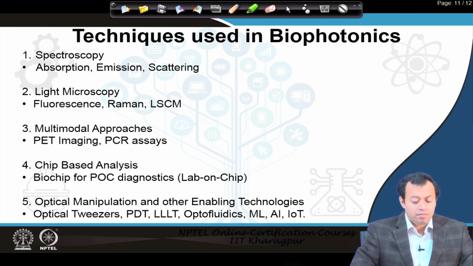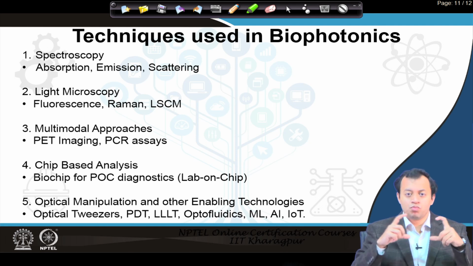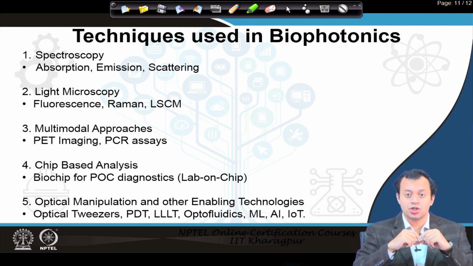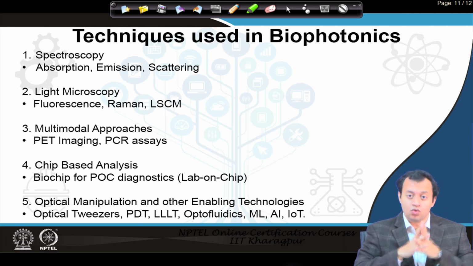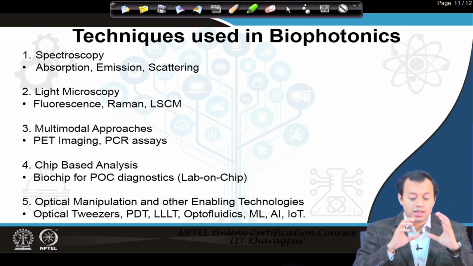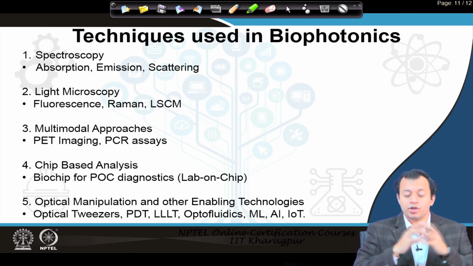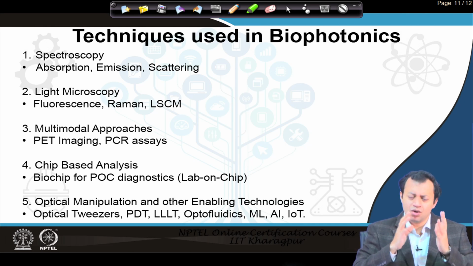We have the biochip, the lab on chip. These are small chip based structures like a home pregnancy detection kit or a home diabetes detection kit, which you can utilize at the privacy of your own home, put some amount of body fluid, blood, urine, and thereby the lab on chip will undergo some kind of change, a colorimetric change, not necessarily always colorimetric.